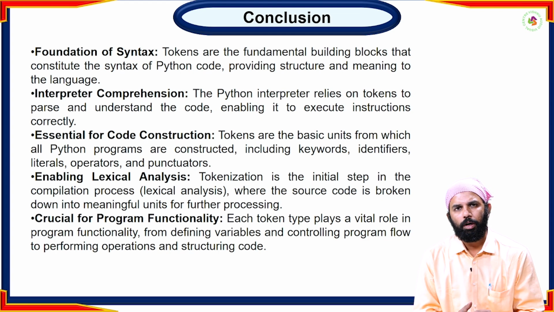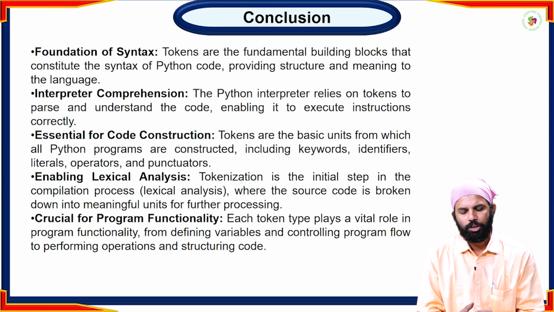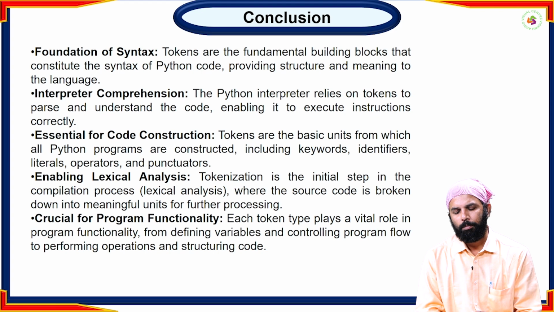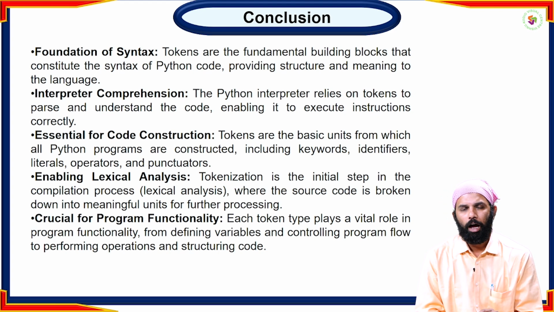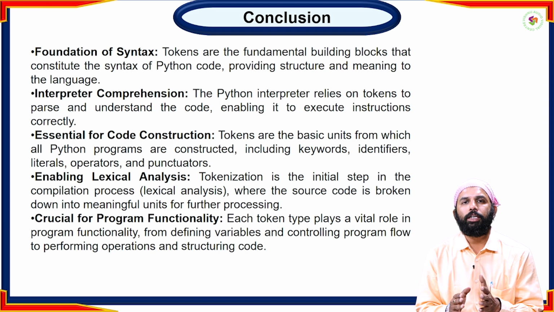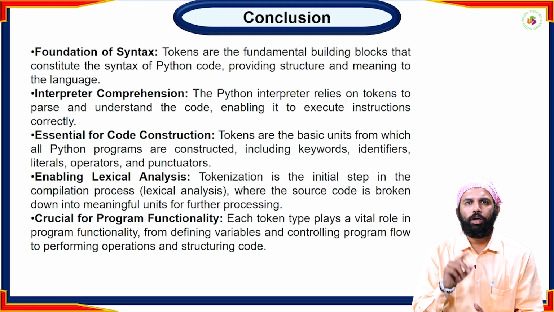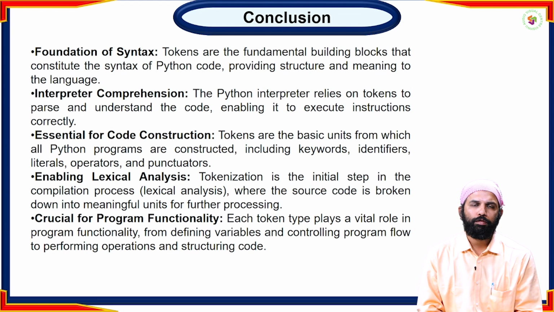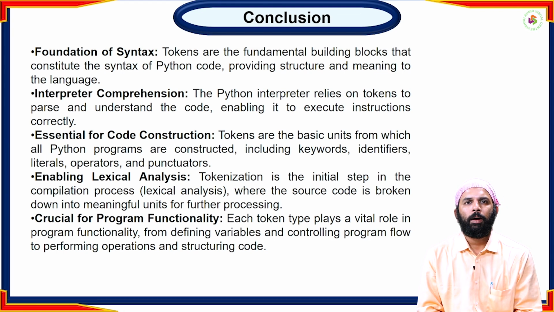Each token plays a vital role in program functionality, and it is the basic consideration for making the code go further to give us the main work of problem solving, that is providing a result. If the token is not recognizable, the code is not going to reach the result.